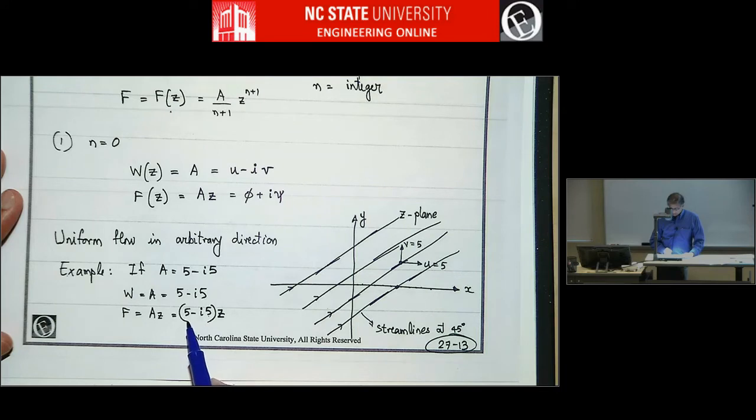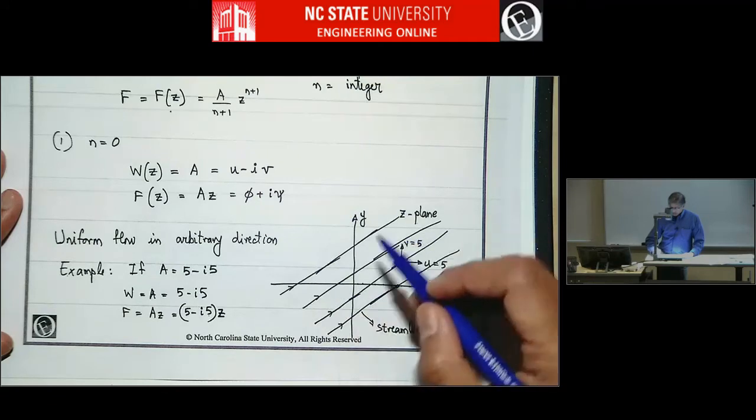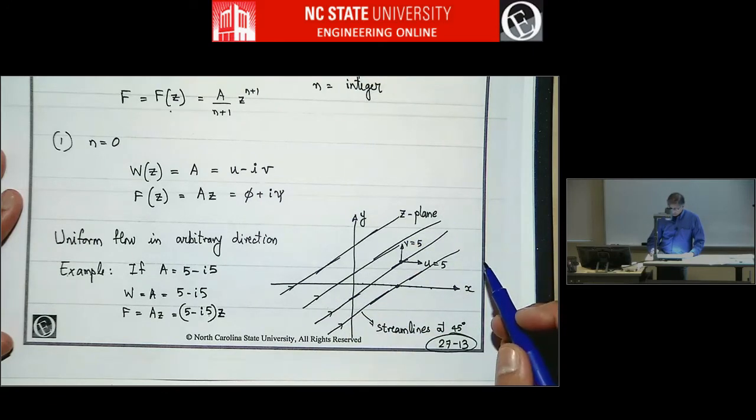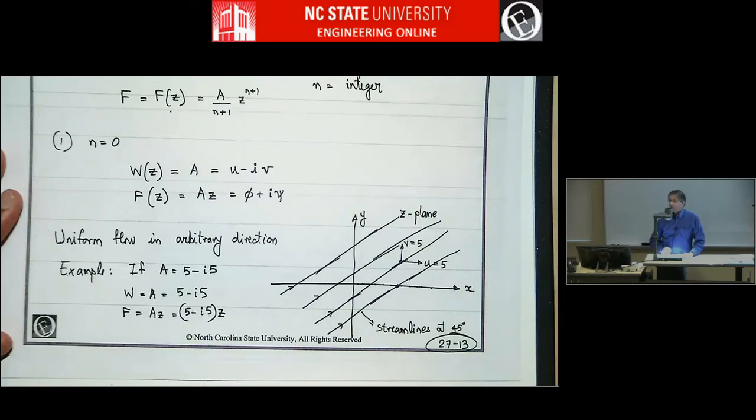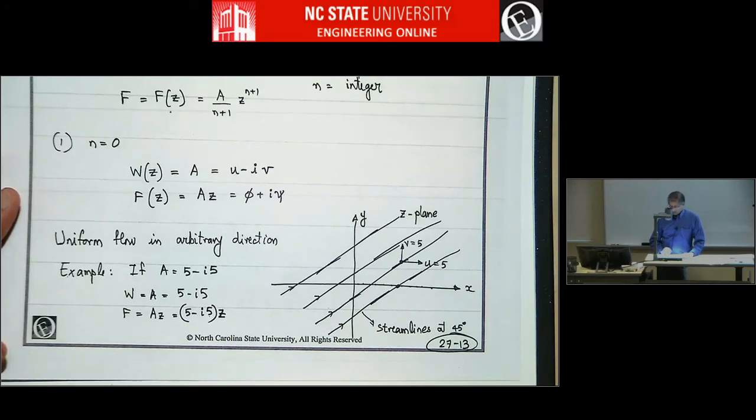So you set this to different values and you'll get different... this imaginary part will be streamlines, the real part will be the velocity potential, isopotential lines.